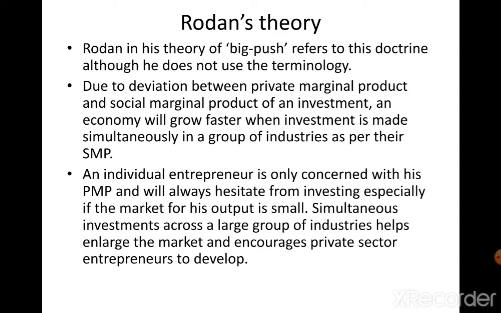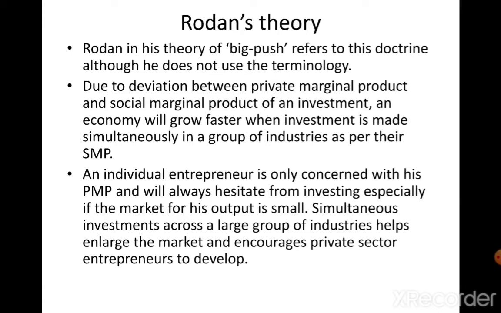On the other hand, instead of one factory employing 100 workers, if you have 100 factories employing 100 workers each, you have more income being generated, and if more income is being generated and received, there will be more demand, and because there is an increase in demand, every individual entrepreneur is assured that his output will be sold.